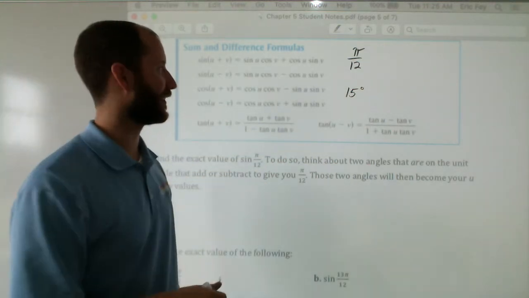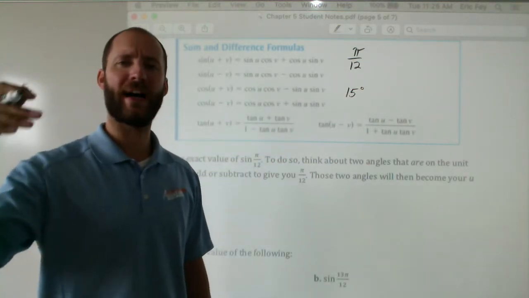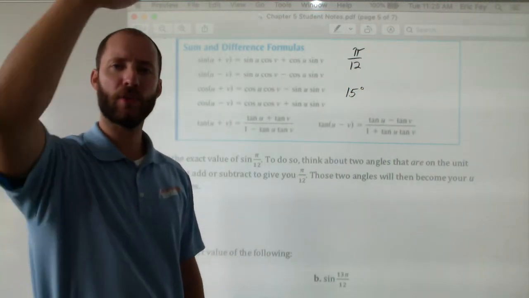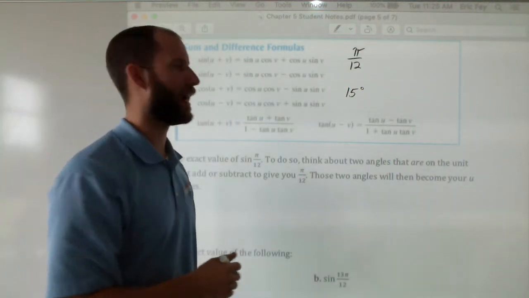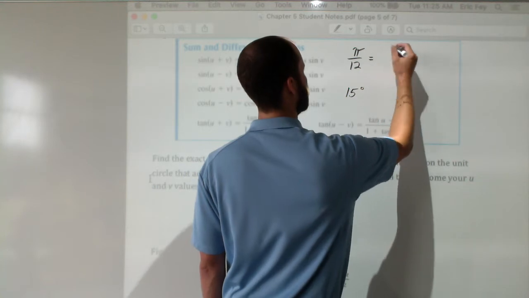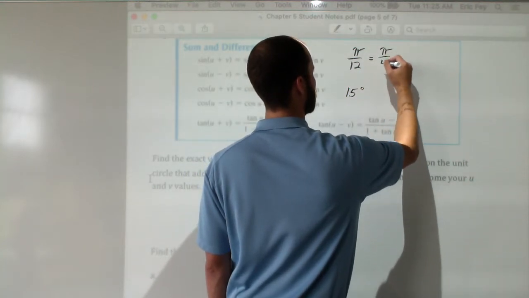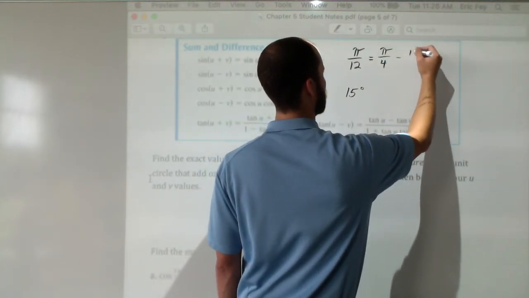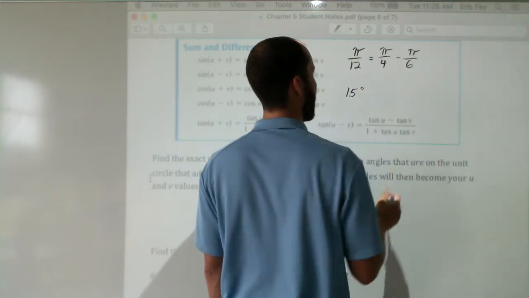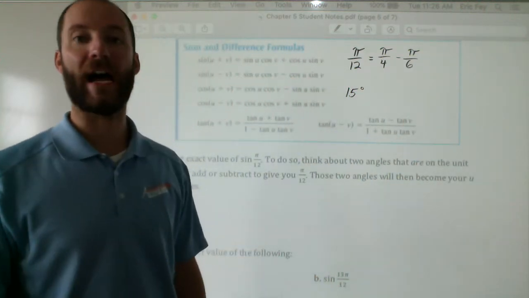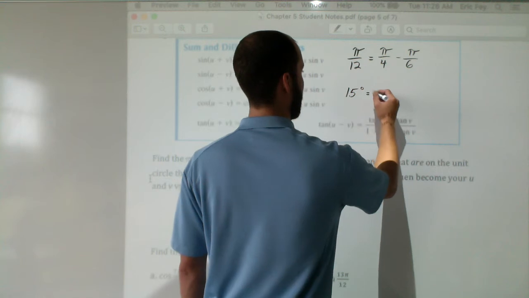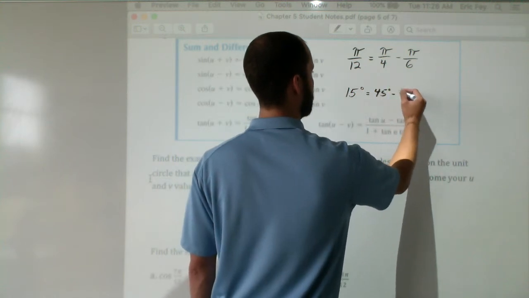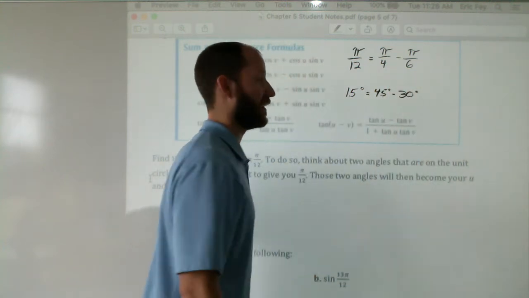So 2 pi, 3 pi, 4 pi. Those, when you subtract them, would leave you with 1 pi over 12. So you could use pi over 4 minus pi over 6, because that is the same as 45 degrees minus 30 degrees.